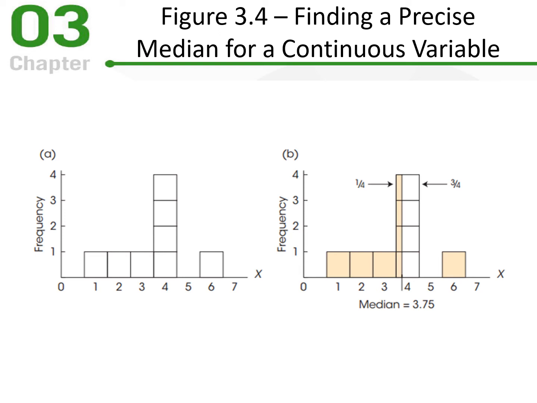So if there's 4 blocks there and I need one block out of 4, I need 1/4 of each block. And hopefully that makes sense. I only need one of those blocks listed under 4 to the left of the median, and I need the other 4 to the right, right?